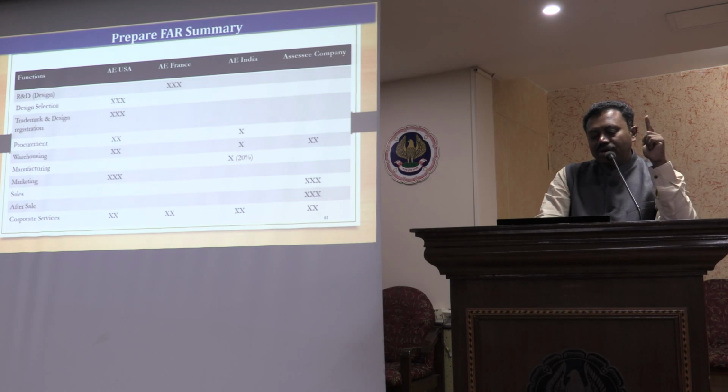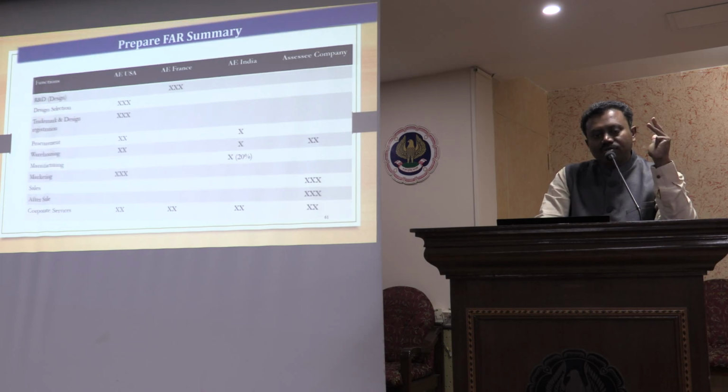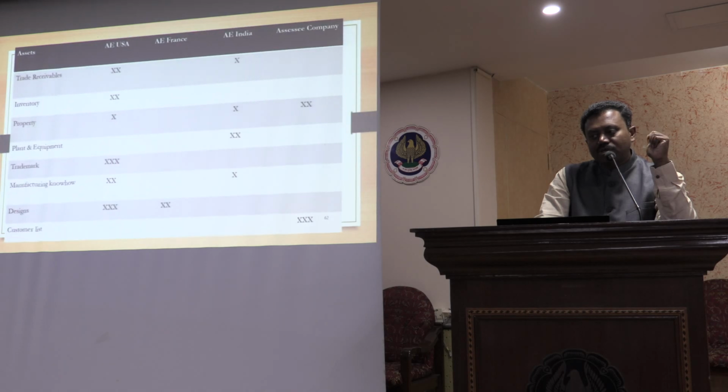Design selection, trademark and design registration is there. Procurement, who does; warehousing, who does; manufacturing, which entity; marketing, in which entity; sales, in which entity; after sales, in which country; corporate services, in which country. Trade receivables, that is with external customers. Where is the trade receivable?